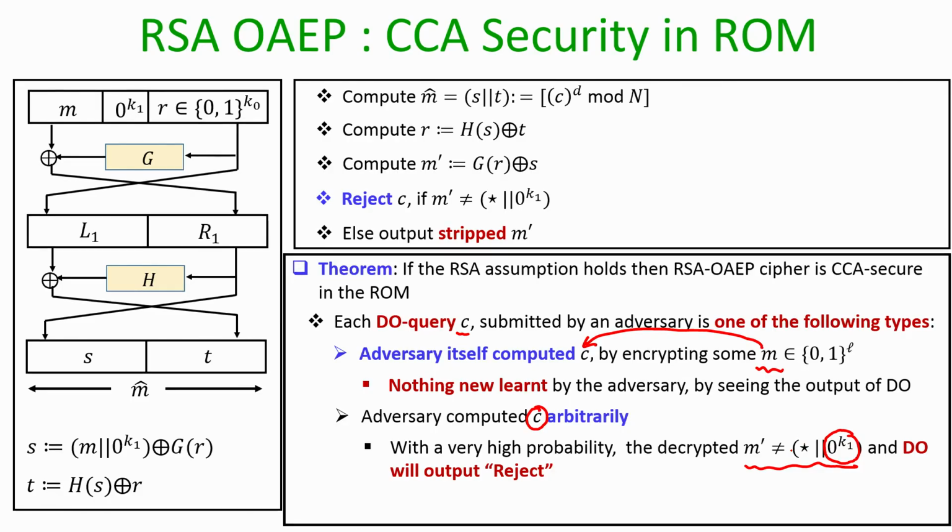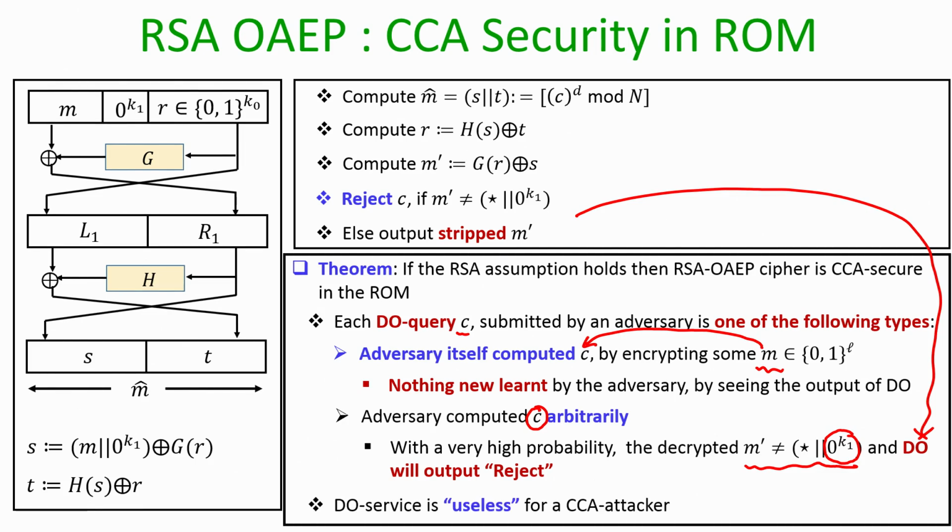And if that is the case, then remember, as per the syntax of the OAEP decryption, the decryption oracle will simply reject such ciphertext and the adversary will learn nothing new at all.